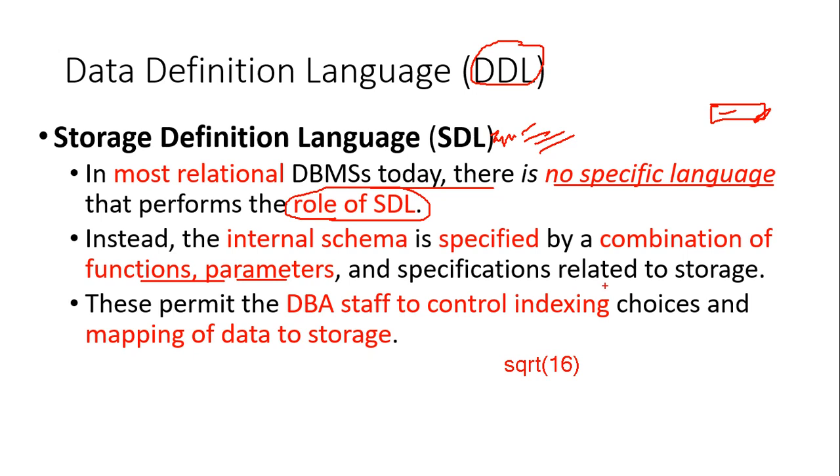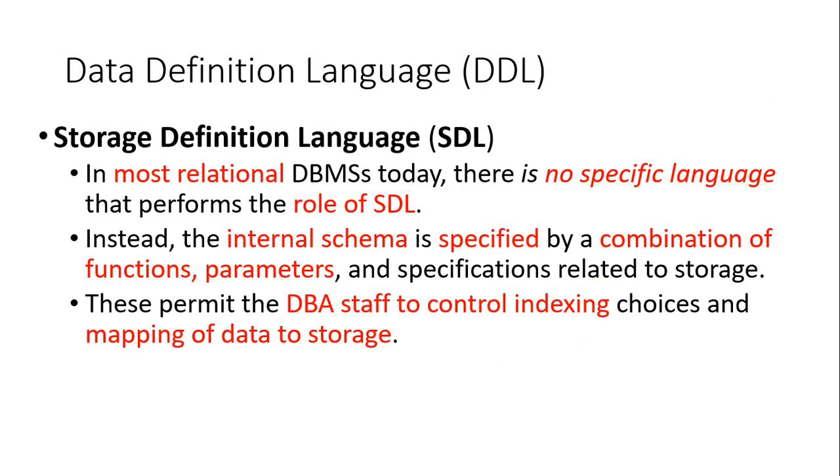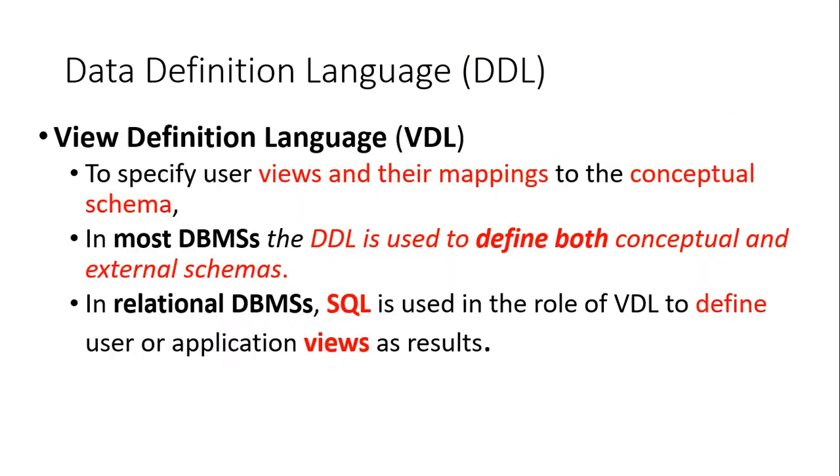You need to call those functions and then specify some values to them. These are generally used by the database administrator, DBA. I will talk about how many different types of users there are in the database later. So the DBA is usually using it to create indices and maybe mapping that index with the different storage that is there in the database.